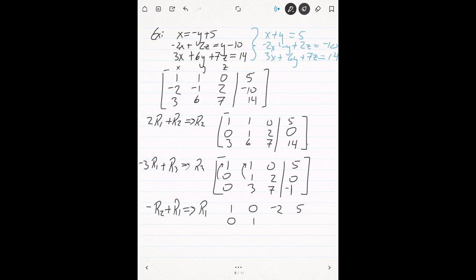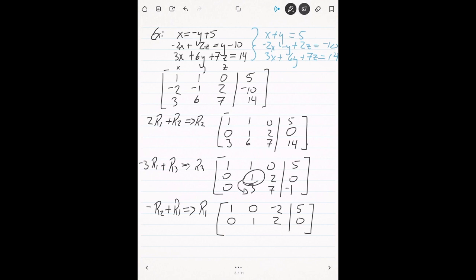And we're going to keep row 2 the same. And you know what? I could write row 3 the same here. But what I'd like to do is go ahead and get rid of this 3. So let's just do that step before I write it down. Let's go ahead and take this middle value here.